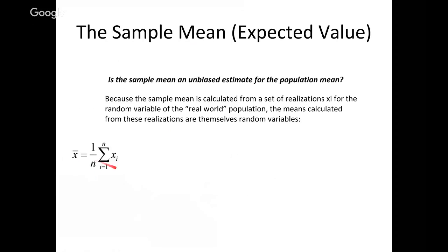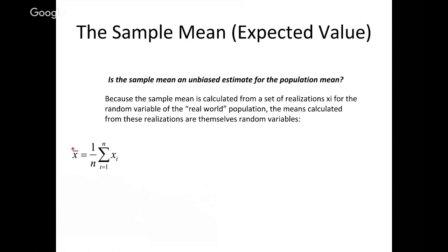And if you did that 10,000 times, so you went back to the beach and you sampled, say, 100 samples, and you did that 1,000 times, you would get essentially 1,000 different estimates for the sample mean. What I'm trying to illustrate is that the sample mean itself is a random variable.